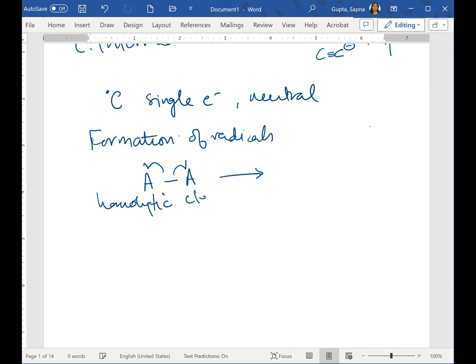So homolytic cleavage is when one electron goes to each of the atoms. Okay, so you have a bond, and that bond has 2 electrons, and when the bond breaks, each of the elements will take 1 electron. Okay, so you have a radical and then a radical. Now you can write 2 a radicals if you want to, that's up to you.